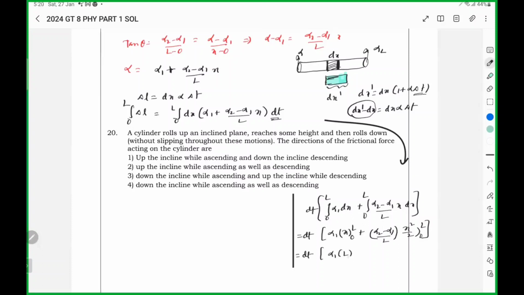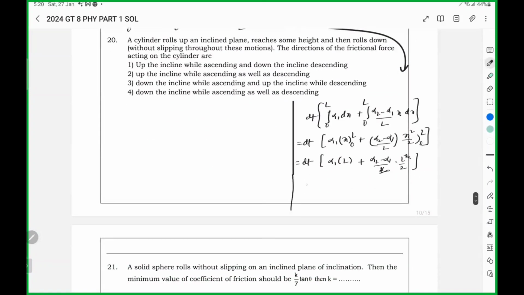Alpha 1 L by 2L here, which is L alpha 1 plus alpha 2 minus alpha 1 by 2, into dT, so alpha 1 plus alpha 2 by 2L.